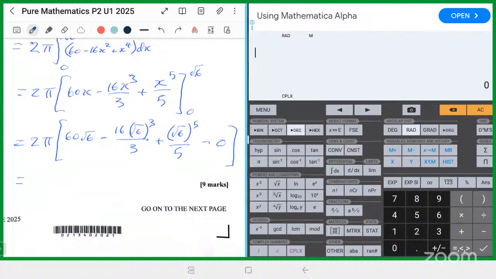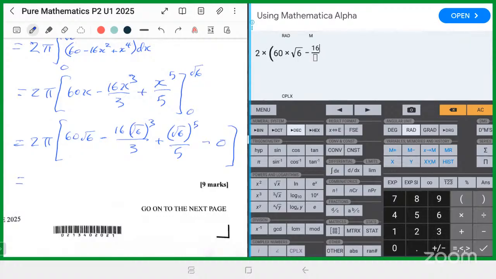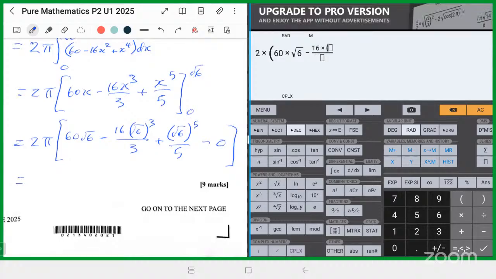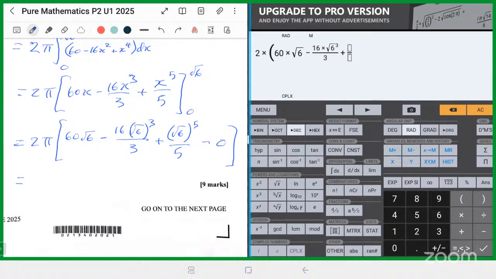It's 2 times bracket 60 times root 6, minus the fraction 16 times root 6 cubed over 3, plus the fraction root 6 to the power 5 over 5.